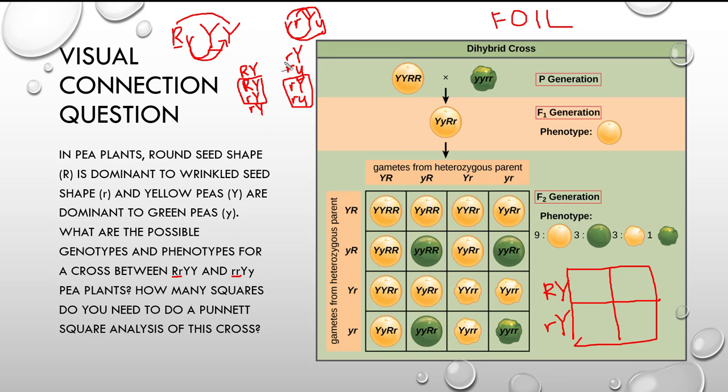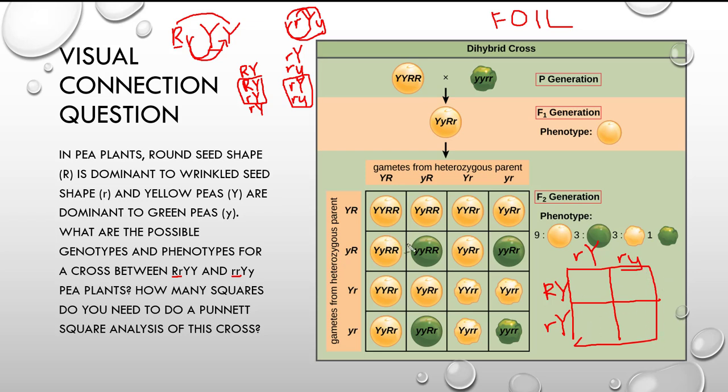Okay, over here, half my gametes are going to have little r, big Y's. Half my gametes will have little r, little y's. Okay, so now I'm going to do the same thing where I'm going to bring these gametes down and these gametes across.